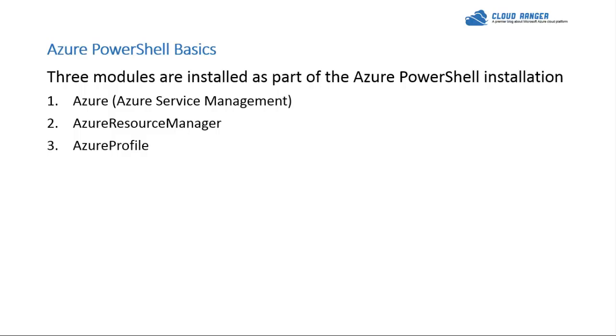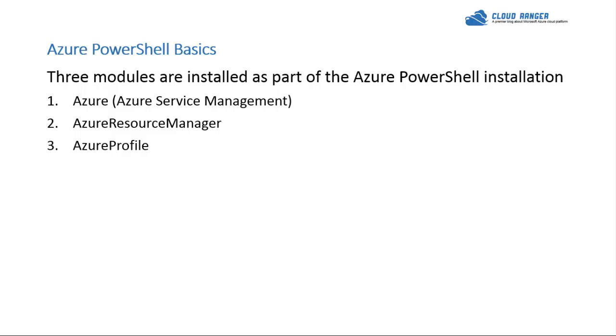By default, it doesn't matter whether you are logged in through the certificate method or the Azure Account method to connect to your subscription from Azure PowerShell, you are always loaded with the Azure module, or the Azure Service Management module. So you have a certain set of cmdlets available for service management.